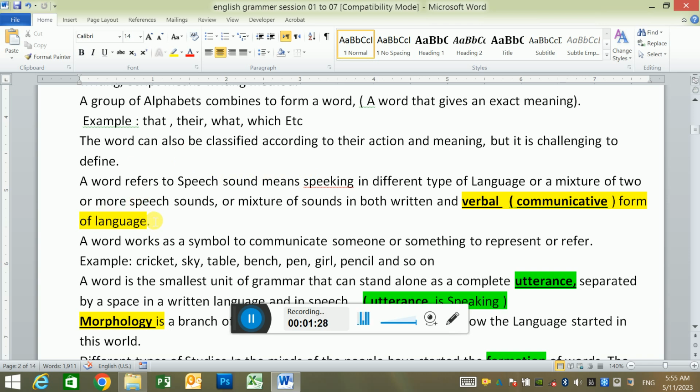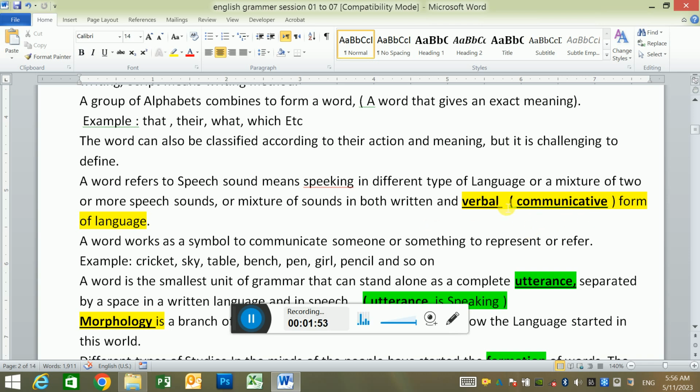The word refers to speech sound. That is, speaking means speaking in a different type of language or a mixture of languages, two or more different types of languages giving a speech and a sound, a mixture of both written and verbal, in a communicative form.